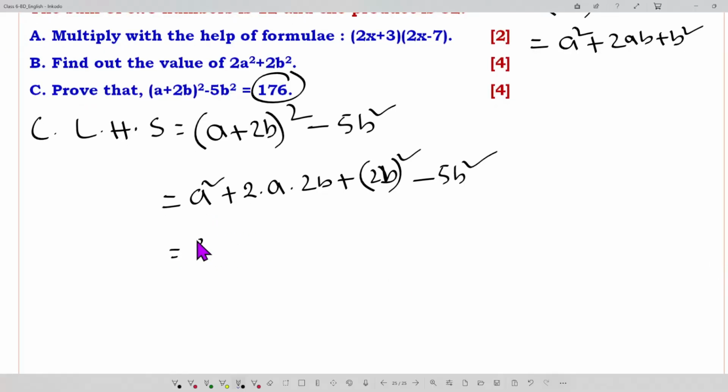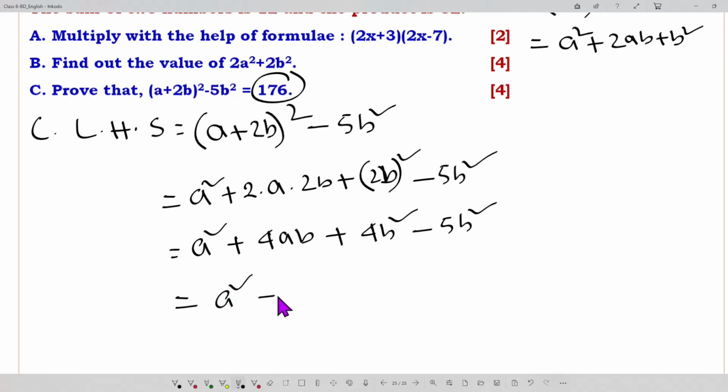Then here is a square, 2 times 2 is 4ab, plus 4b square minus 5b square, right? So now a square plus 4ab, and 4b square minus 5b square is minus b square.